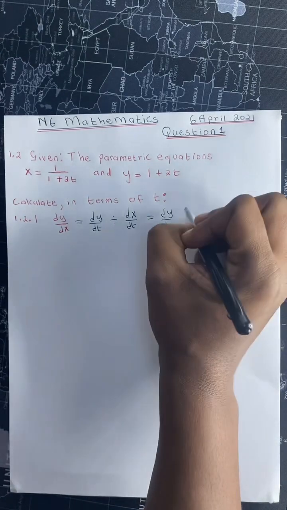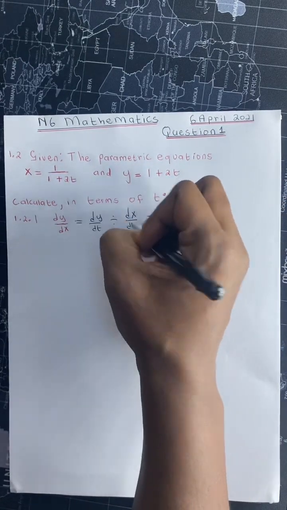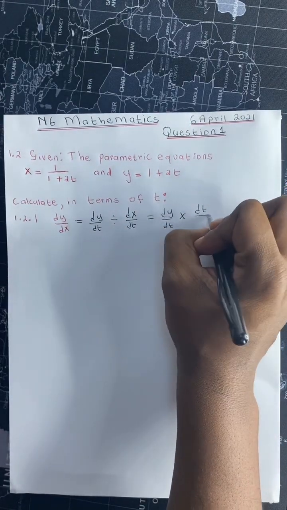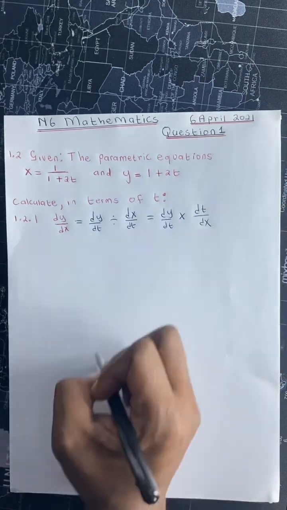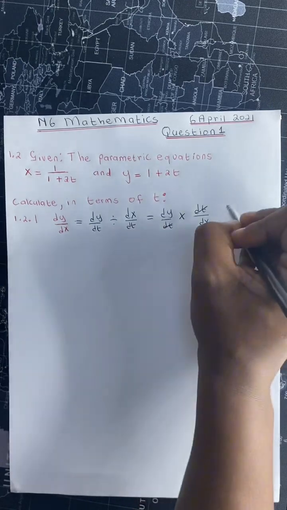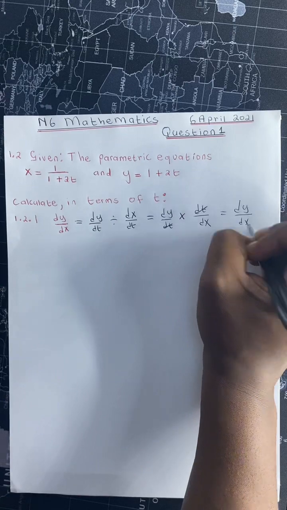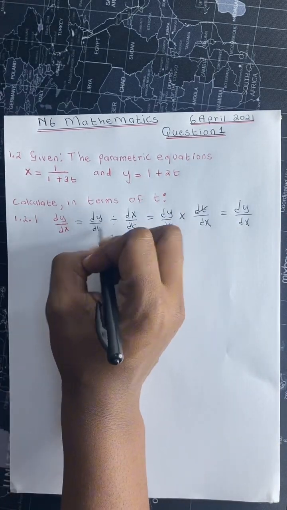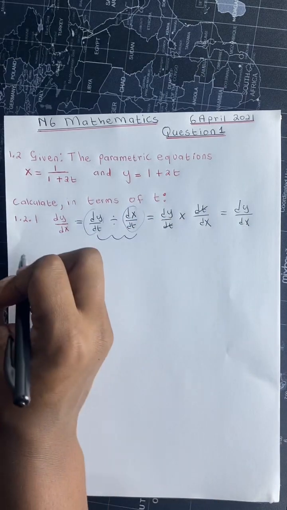We change this division sign, so we have to flip so that we can have dt as the numerator and dx as the denominator, so that dt and that dt will cancel out each other, and finally we get dy over dx. But our focus should be here, so we have to find dy over dt and dx over dt.